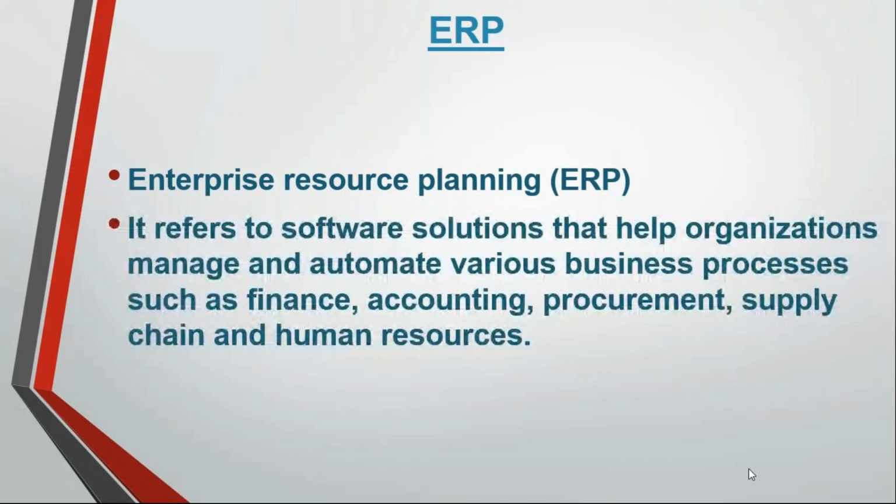ERP refers to a software solution that helps organizations manage and automate various business processes such as finance, accounting, procurement, supply chain, and human resources. For an organization to survive, an ERP application is mandatory.